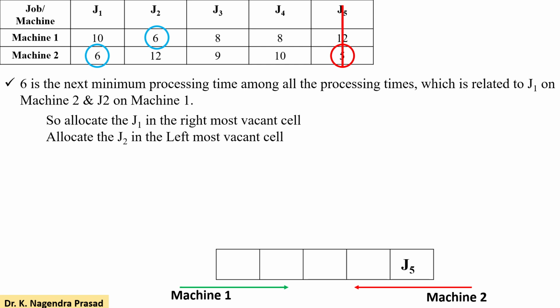In this condition, we allocate J1 to the rightmost vacant cell because J1 is on machine 2, and allocate job 2 to the leftmost vacant cell because J2 belongs to machine 1. Then we remove job 1 and job 2 from further consideration.